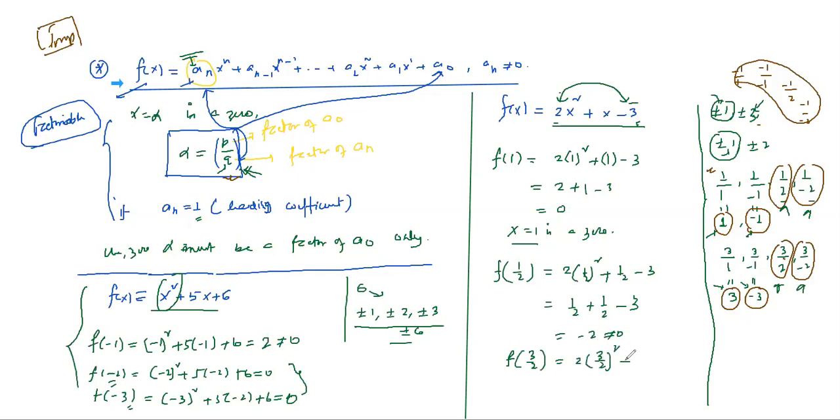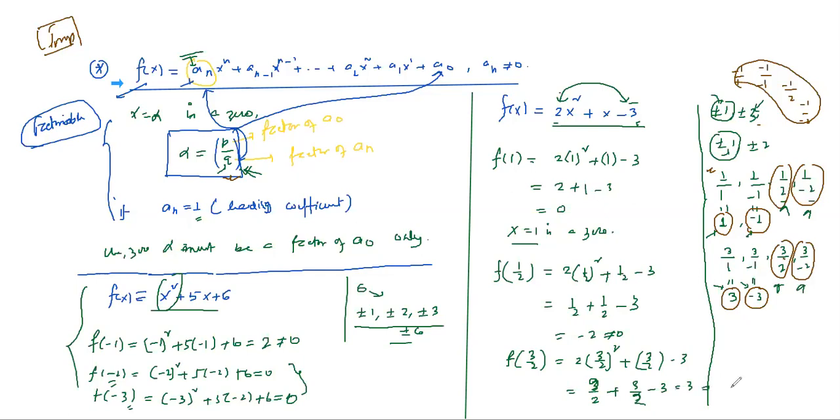Trial and error method does not have any more logic. It is like the intuition that you have. So probably this will give the answer. It is 9 by 2, and then this is 3 by 2, minus 3. So 12 by 2 is 6, 6 minus 3 will give you 3 only.